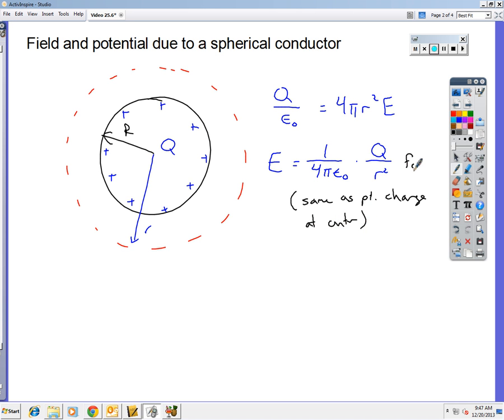But that is for r greater than big R. For r less than big R, i.e. inside the conductor, the electric field is zero.